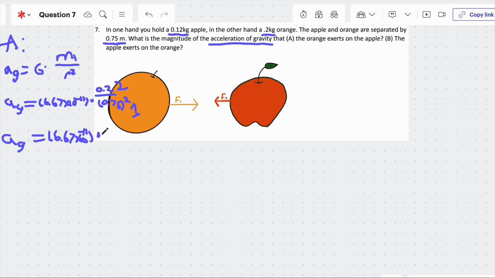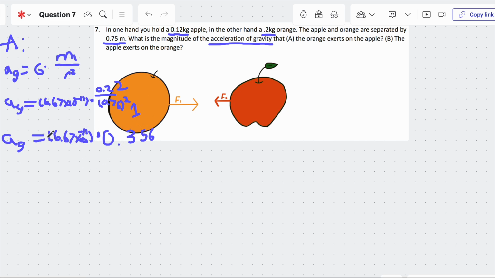So hopefully we should end up with 0.3 and then 5's repeating after that. So I'm going to go 0.356. Just round it up.